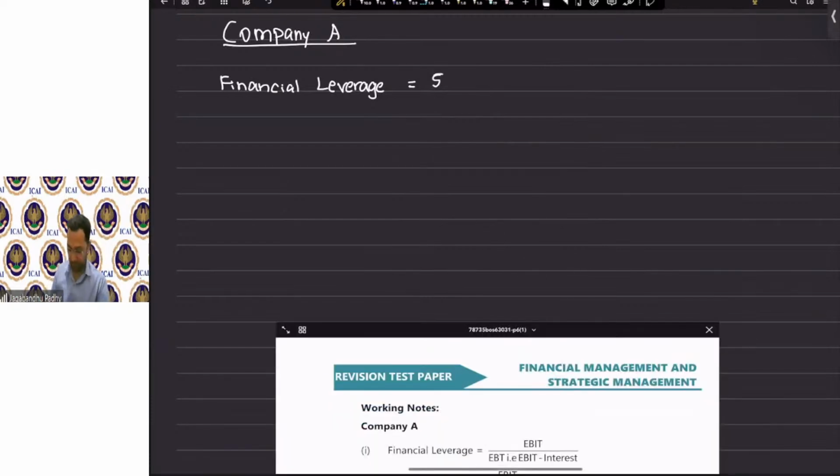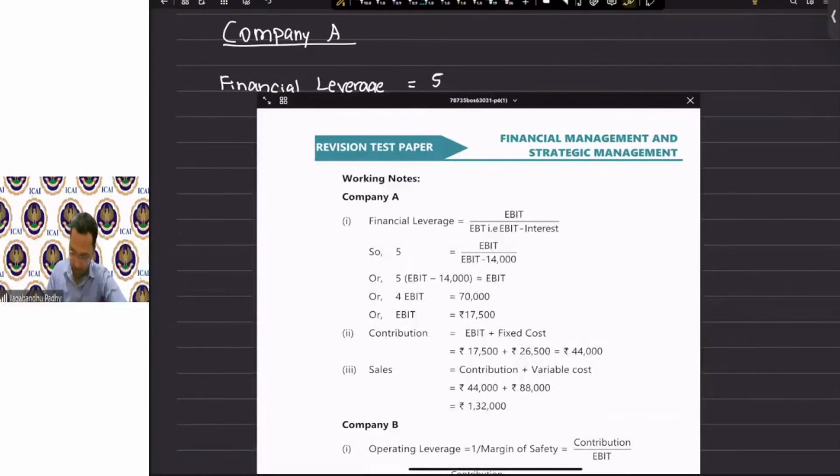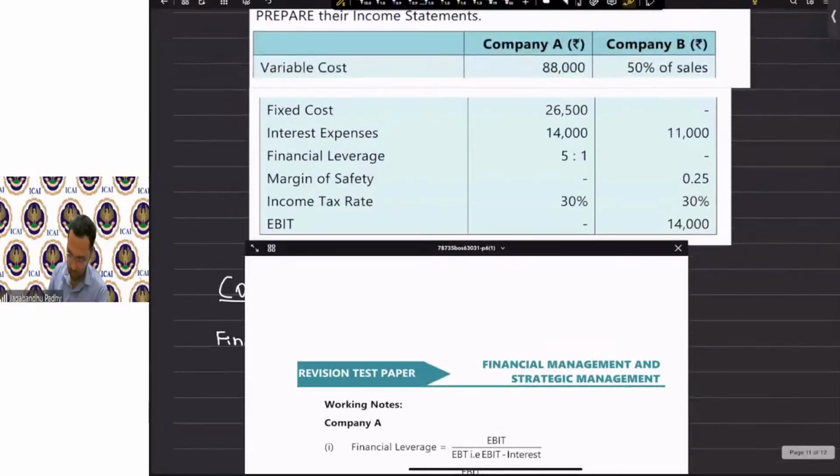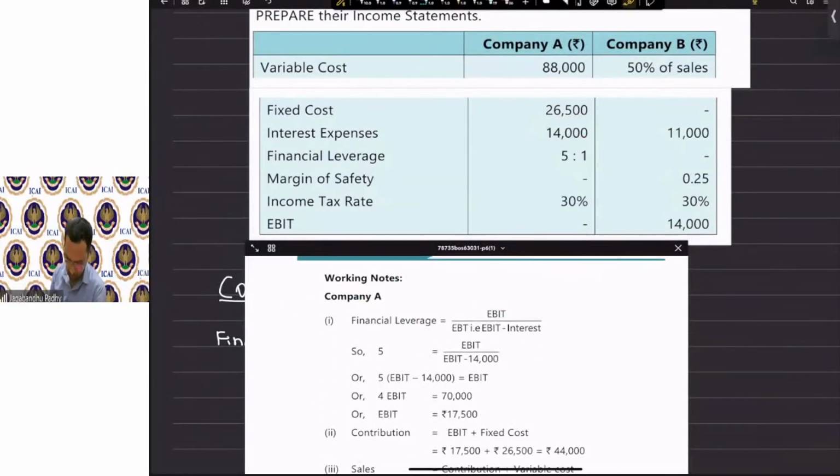As far as company A is concerned, financial leverage is computed as EBIT upon EBIT minus interest. We get financial leverage of 5 is equal to EBIT upon EBIT minus interest of 14,000. That will solve the EBIT and give you 17,500 as the EBIT figure.